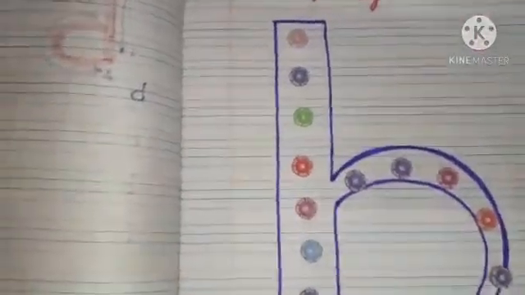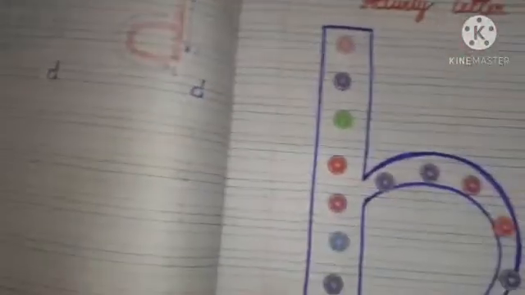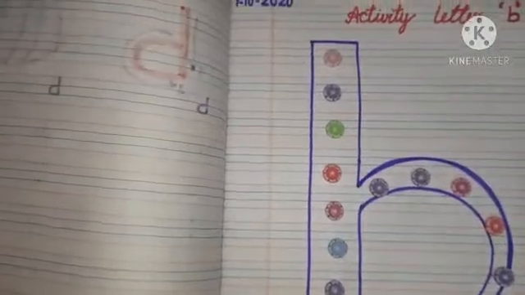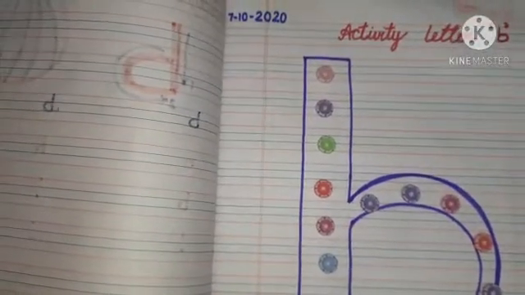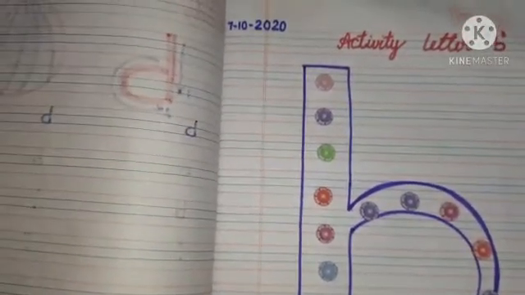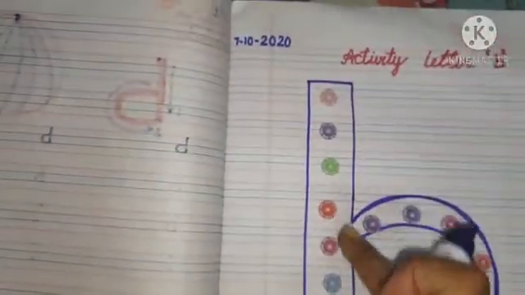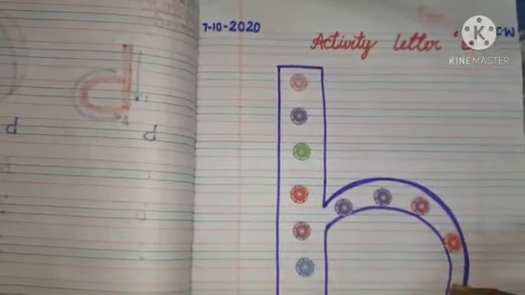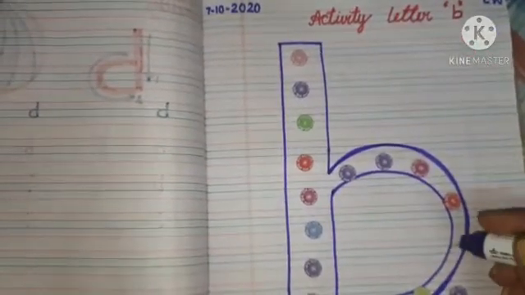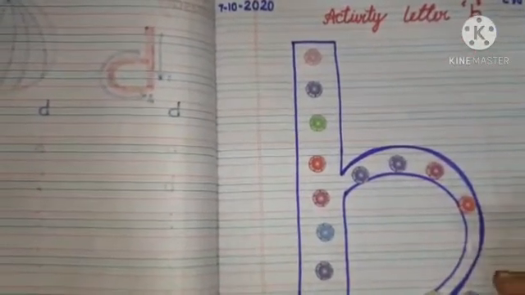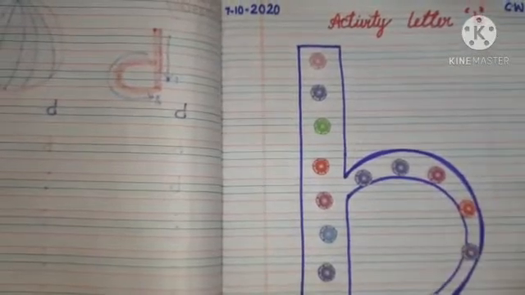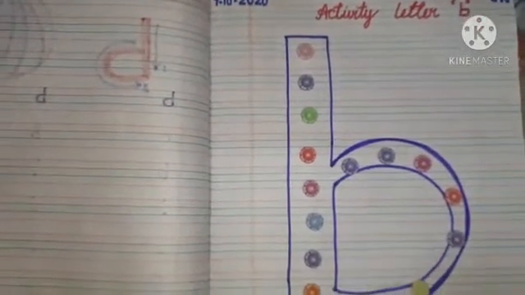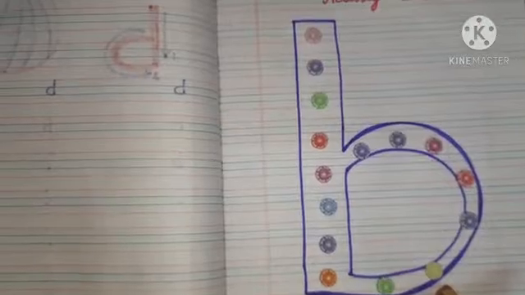This activity will help you learn the formation of letter B. First you have to make a standing line, then a semicurve. Okay. Whatever you have, take it and paste it. Don't help your child in pasting. Okay.